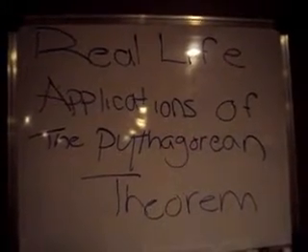Real-life applications of the Pythagorean theorem. Firemen, construction workers, and other workers often rely on the use of ladders in their line of work. This makes use of the Pythagorean theorem in various situations. For example, the height of a second-story window may be 25 feet.